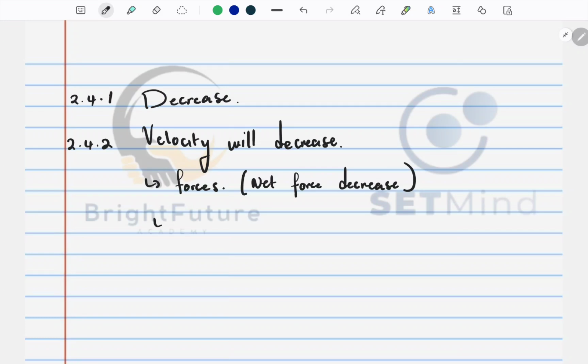Then you can add that your acceleration is directly proportional to your net force. You try to use real world examples when it allows, so that it makes sense to you, and then this becomes easy.